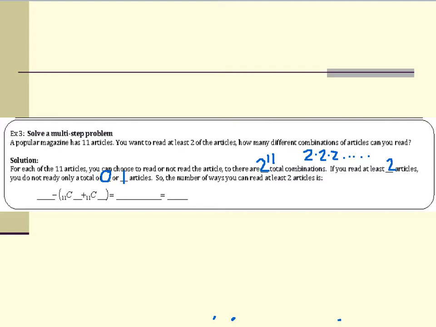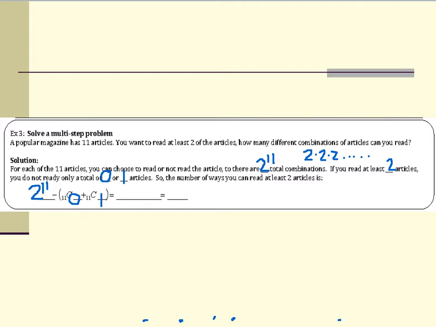You know that you don't want 11C0 and 11C1. Those are the ones you don't want. So we're going to take our total possible combinations, 2 to the 11th, and subtract the ones that we don't want: 11C0 and 11C1. Those are the 2 we don't want.